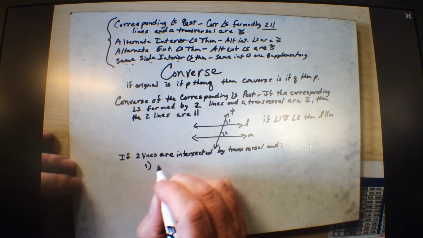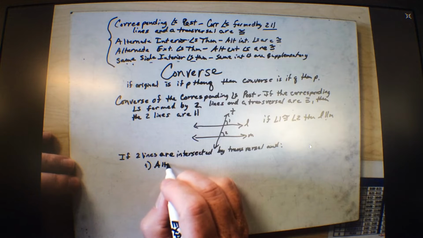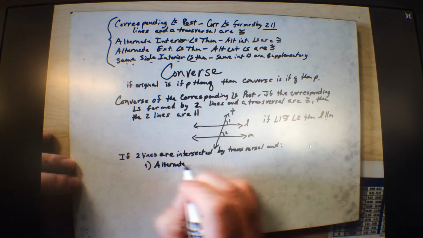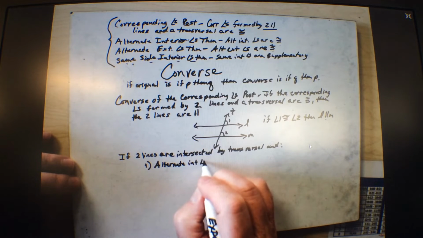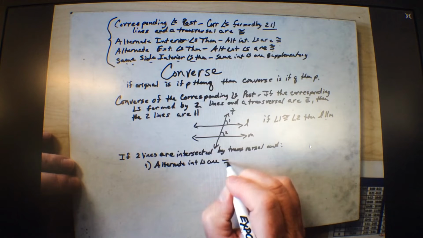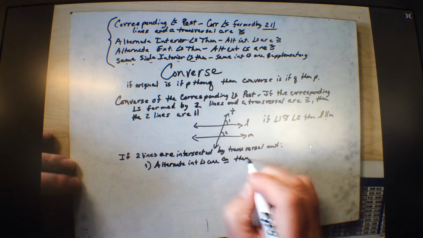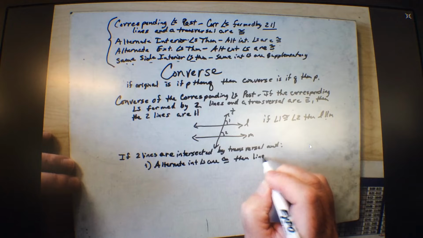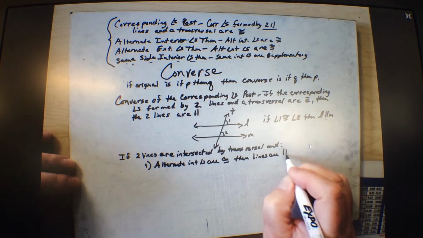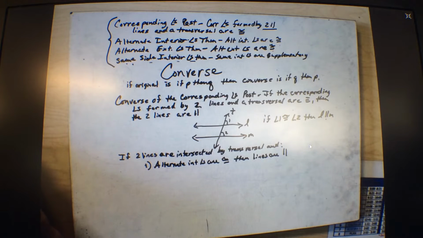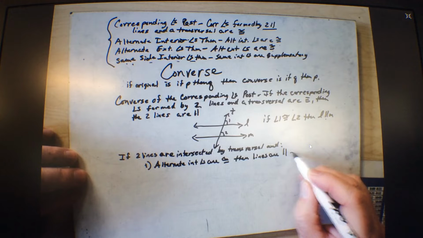Number one, if alternate interior angles are congruent, then the lines are parallel. So if two lines are intersected by a transversal and alternate interior angles are congruent, the lines are parallel.